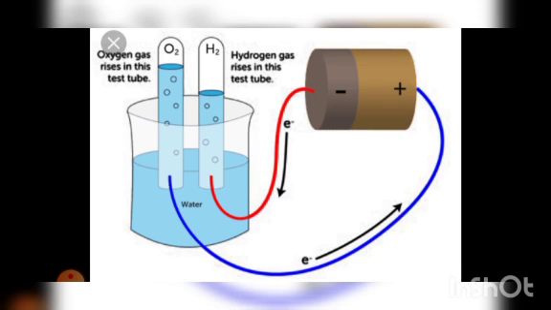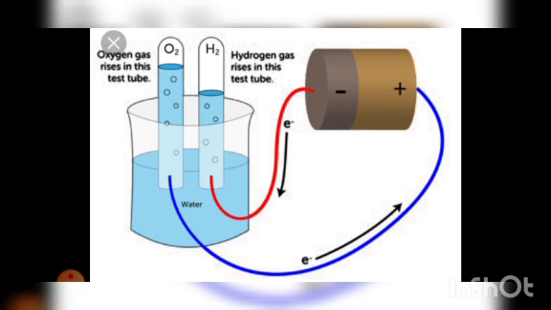What you can see is there are bubbles, which you can see at present in the slide in the test tube. The bubbles are formed on the different metallic nails or graphite, whatever you have used. So you can observe that on the positive end, that is on anode, oxygen will get deposited.